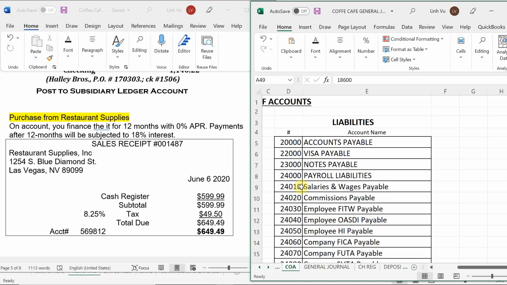So what do we call that? Okay, is it Notes.